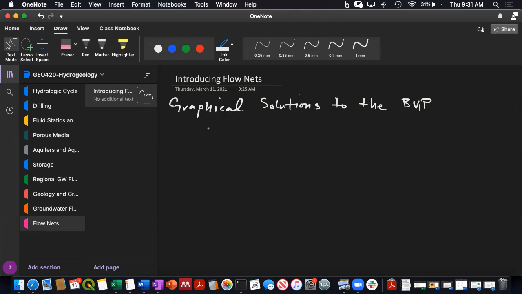Let's first make some assumptions that allow us to use them quantitatively. And this set of assumptions are things that we're going to try and make a lot.